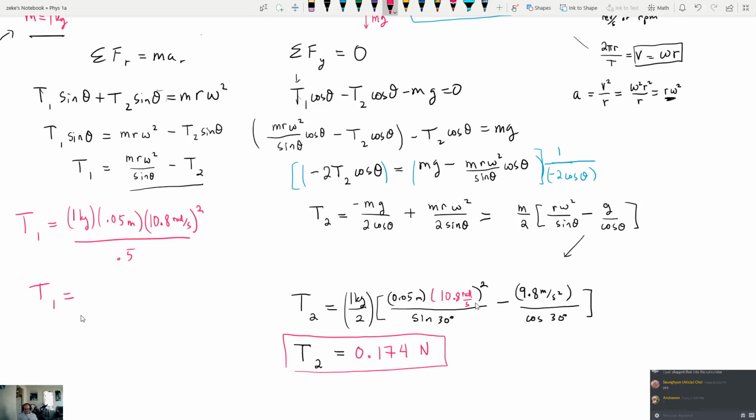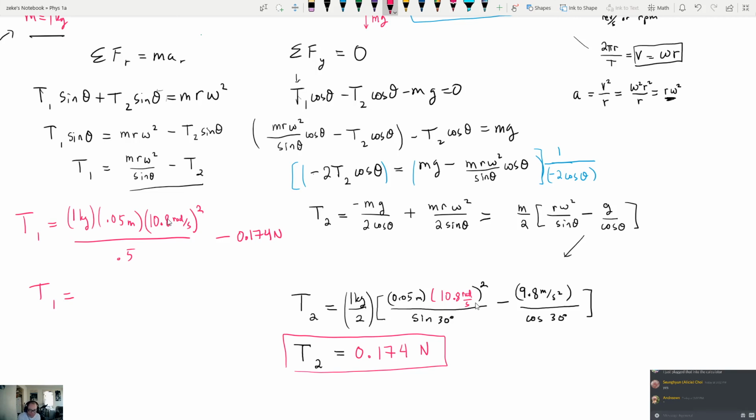So 0.05 times, oops, oh, minus, I left off that part. So 0.05 times 10.8 times 10.8 divided by 0.5 minus, so I got 11.5.